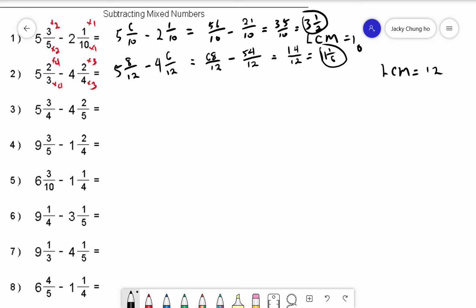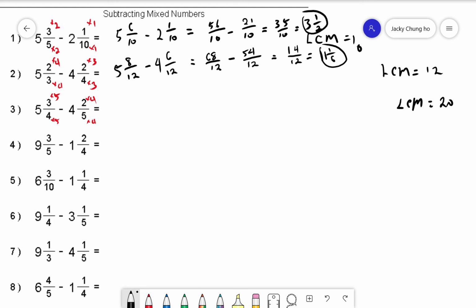Number 3, the LCM between 4 and 5 will be 20. So 4 times 5 and 5 times 4 will get us to 20.